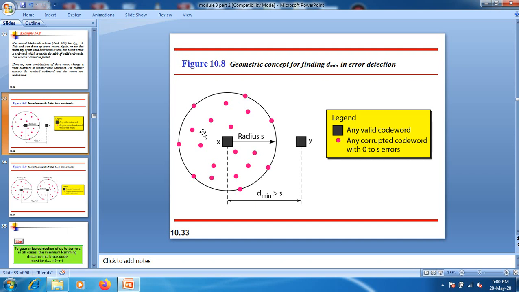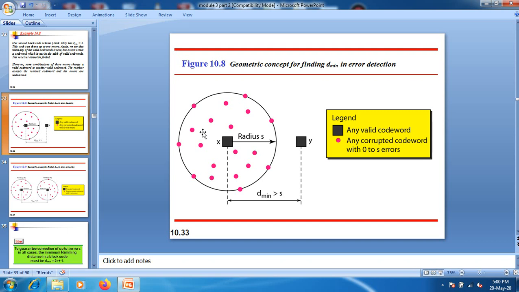We are able to detect only the single-bit error and 2-bit errors here, because the Hamming distance between these two code words, 000 XORed with 111, gives the value 3. Here we are able to detect a 1-bit error and a 2-bit error, not a 3-bit error.